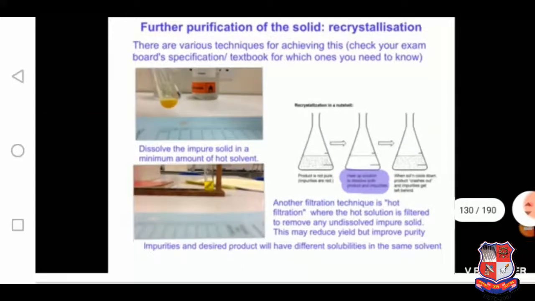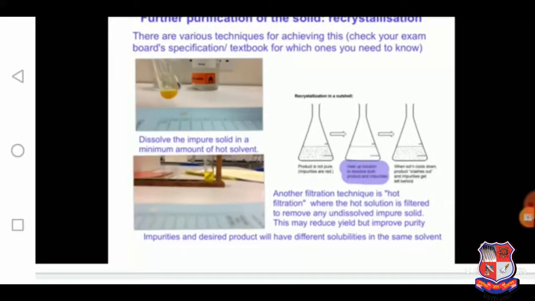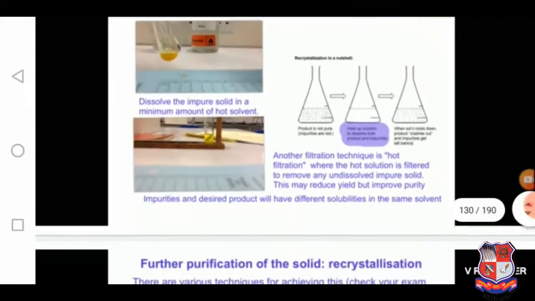Another filtration technique is hot filtration, where the hot solution is filtered to remove any undissolved impure solid. This may reduce yield but improve purity.